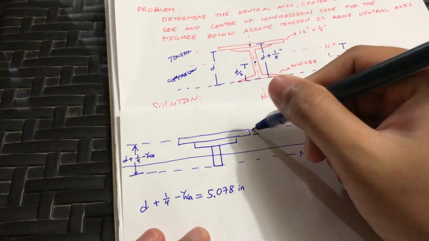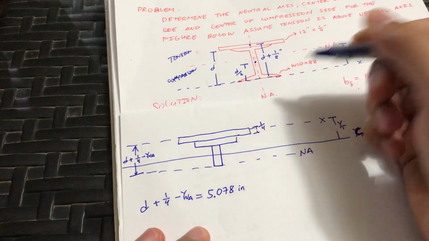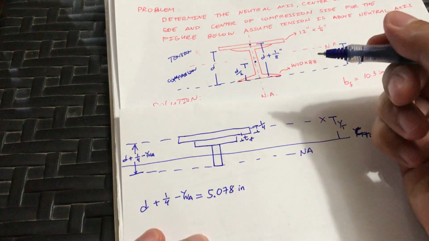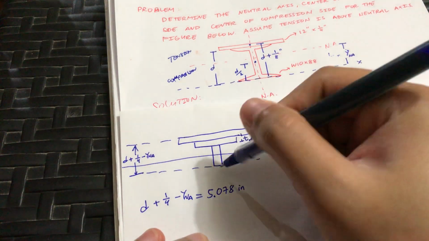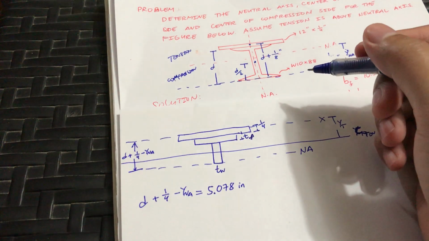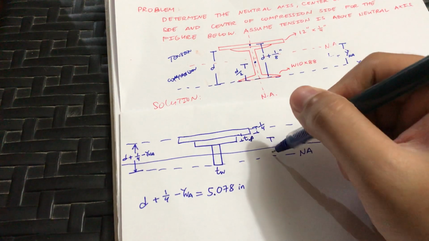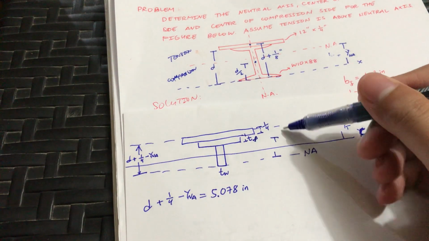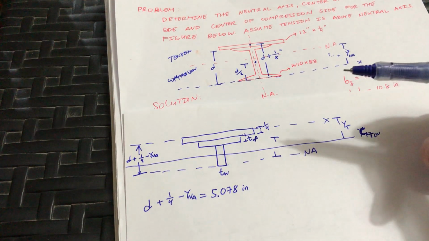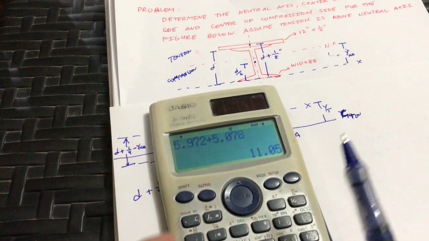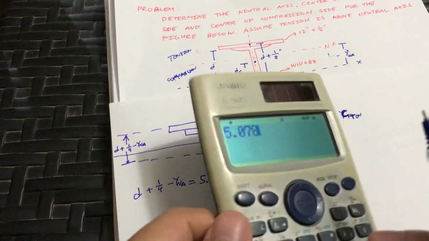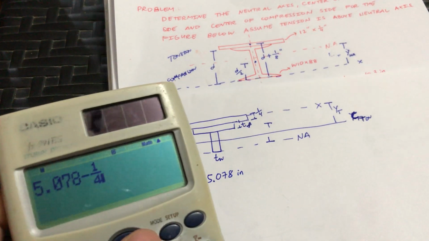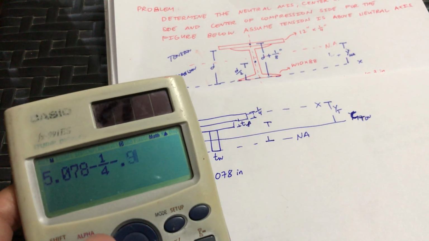Now this is the thickness for this one. This is the plate. This is 1/4. This is also the thickness of the flange, or the TF, thickness of the web. Okay. So this part here should be 5.078 minus TF and minus 1/4. So 5.078 minus 1/4 minus TF is 0.99.